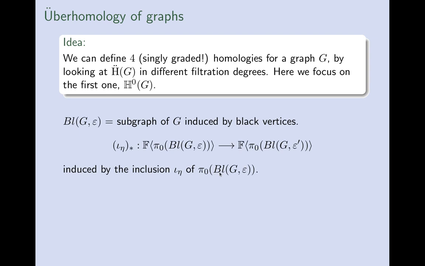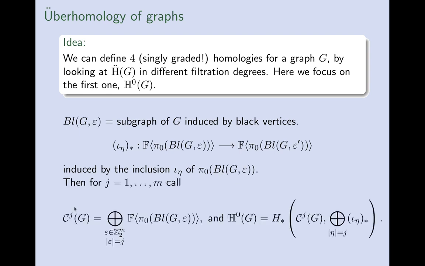I'll show with an example what I mean in just a second, but suffice to say that we can construct, just as before, a chain complex whose elements are the span over F of the connected components of the black graph induced by a given coloring, and the differentials are given by the sum of all of these maps induced by inclusion.